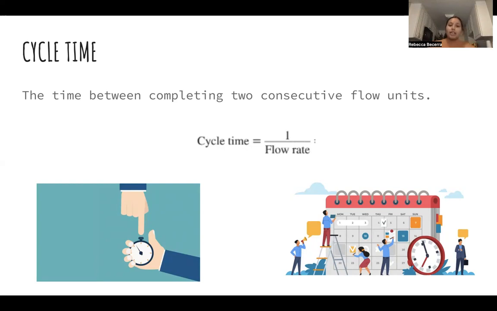Suppose that a specific grocery store has an old cash register, and that cash register dings every time it is opened. So our cycle time is going to be the measurement between the 2 sounds of that cash register, right? That is the time it takes to ring up one person to the next person. It also is important that they need to be consecutive flow units.